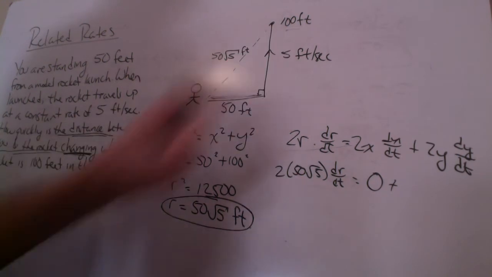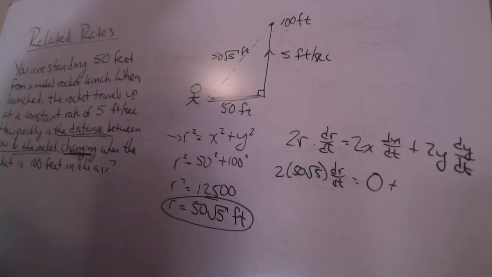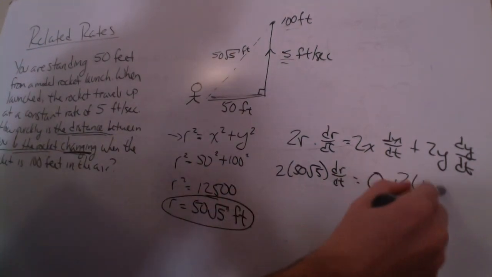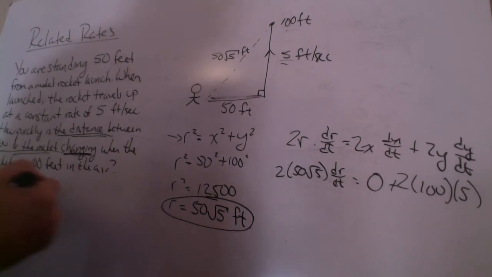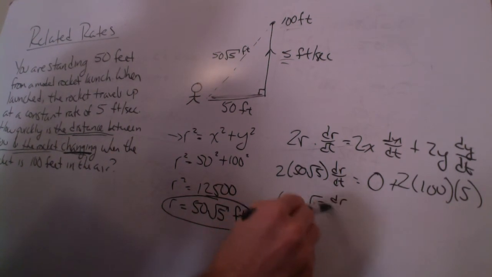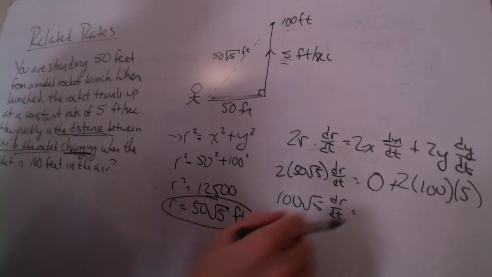Well, y is 100 because I'm at 100 feet, and dy dt is how quickly I'm moving up, which in this case is 5 feet per second. So I'll get 2 times 100 times 5. And tidying this up a bit, I get 100 root 5 dr dt should be equal to 1,000.